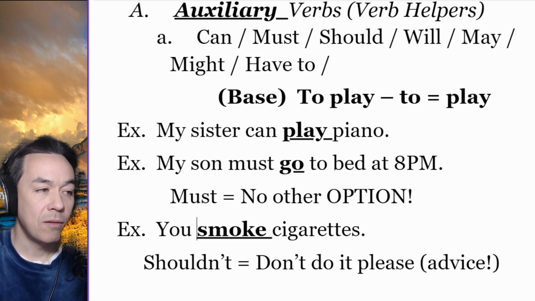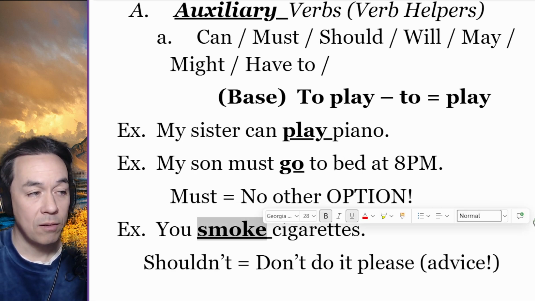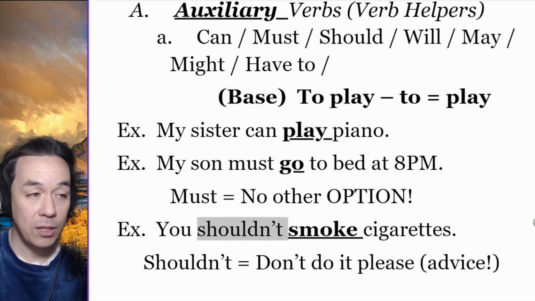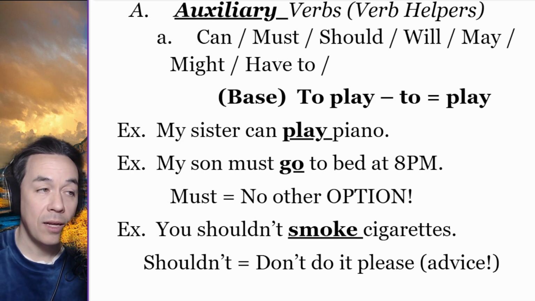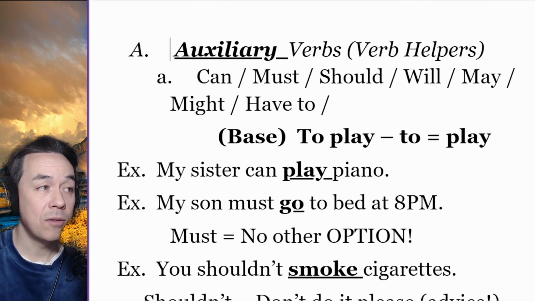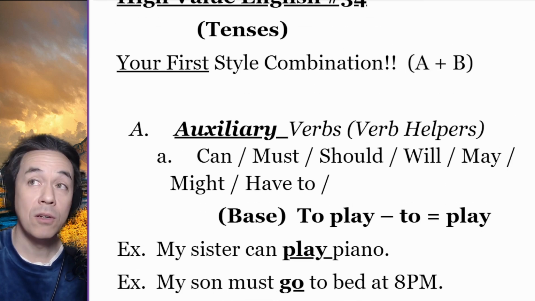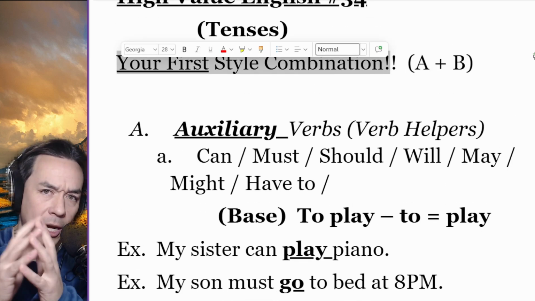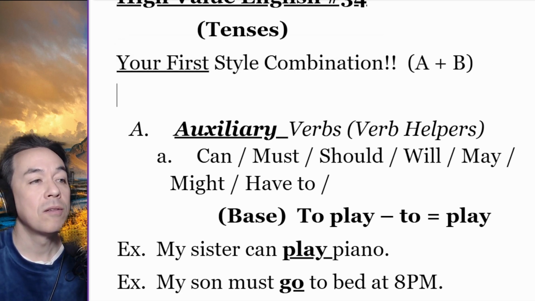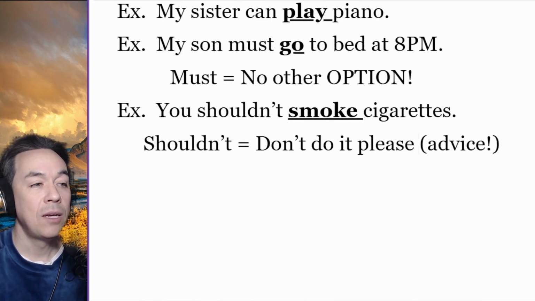You also is still the base version. You smoke cigarettes. So in this case, it's no change, right? So let's say that's still just part A. So we're halfway there. We're halfway there to doing our first combination.